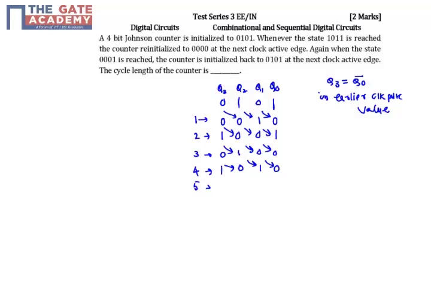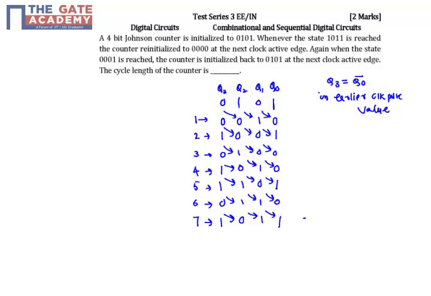Fifth clock pulse, 1 0 1, this is 1. Sixth clock pulse, 1 1 0 0. Seventh clock pulse, 0 1 1 1.